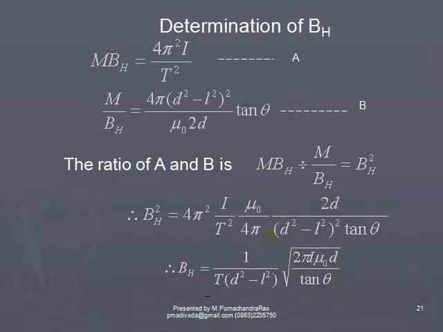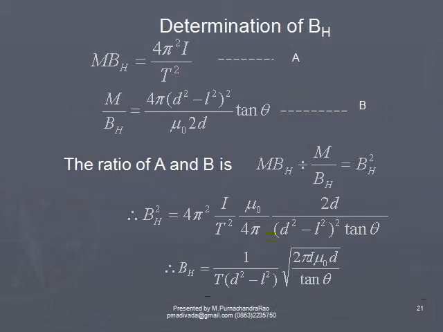Therefore, BH square is equal to 4 pi square I by T square into mu naught by 4 pi into 2d divided by d square minus L square whole square into tan theta.